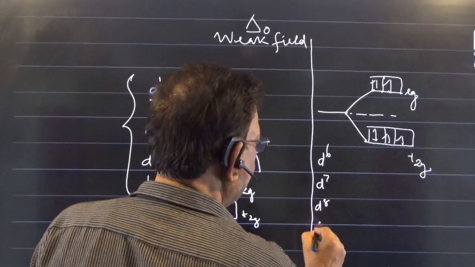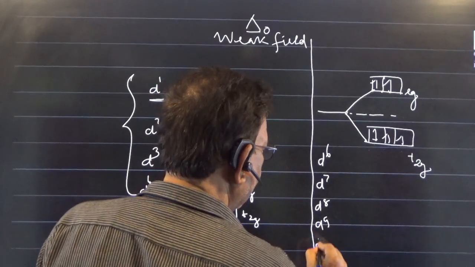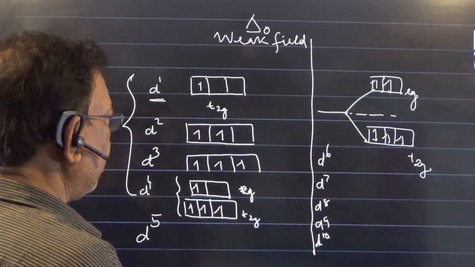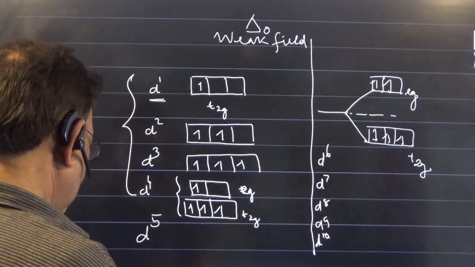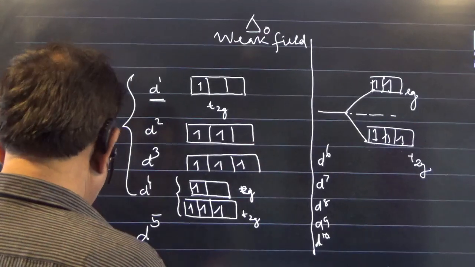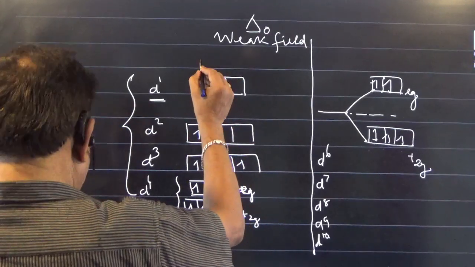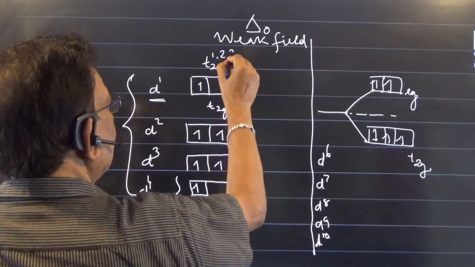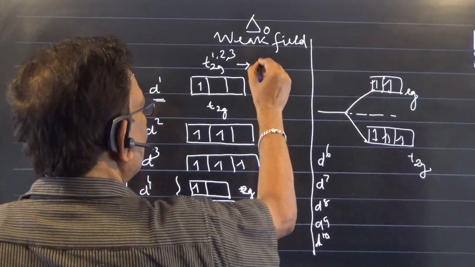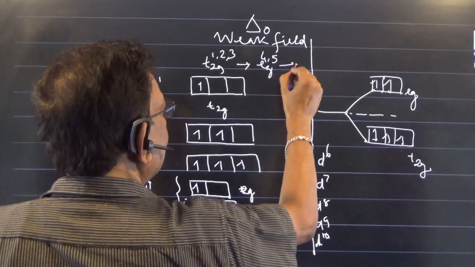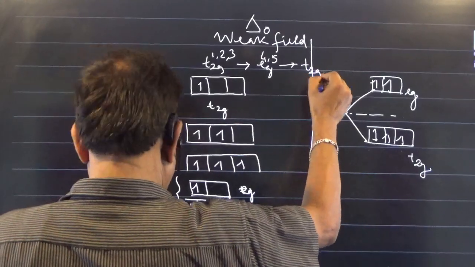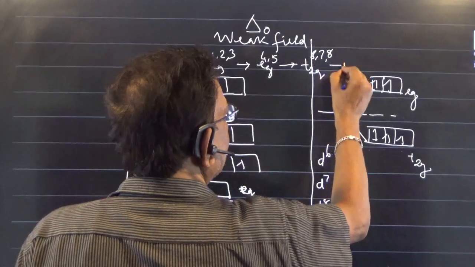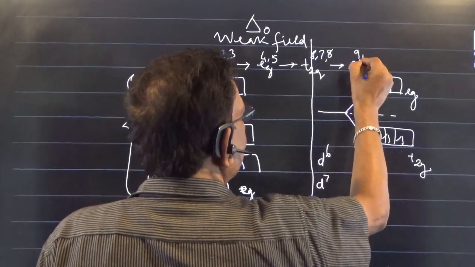D8, D9 and D10 for weak field? And dear students, please remember, in the weak field, once more I repeat: T2G 1, 2, 3, then Eg 4, 5, then T2G 6, 7, 8, then Eg 9 and 10.